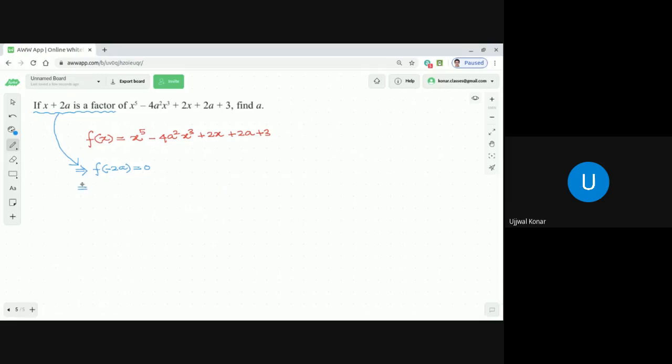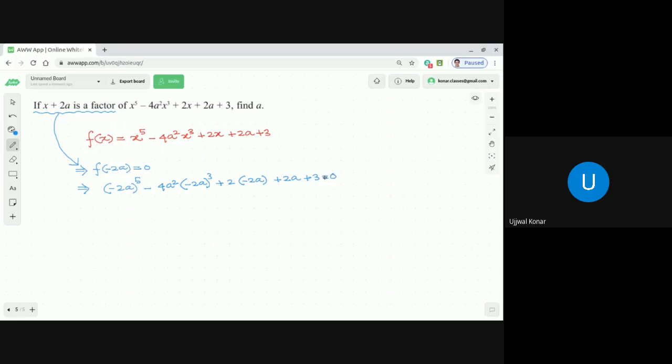From here we can write minus 2a power 5, simply, slowly, no step jump. 4 into a square into x cube, that is minus 2a power 3, plus 2 into x, that is minus 2a, plus 2a plus 3 is equal to 0.